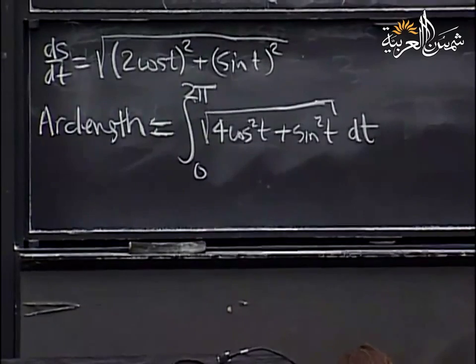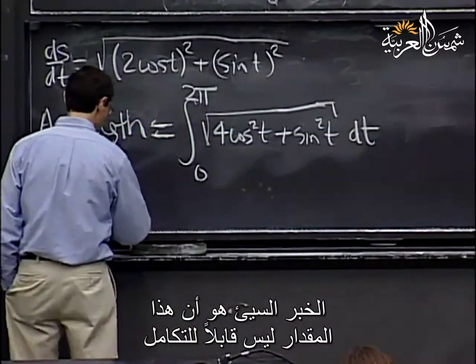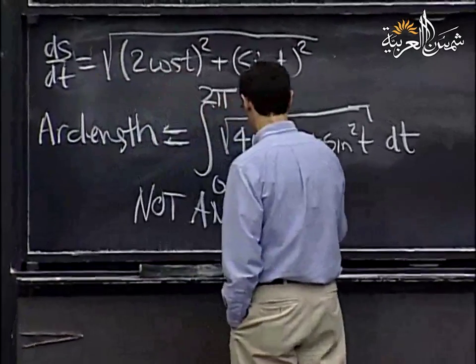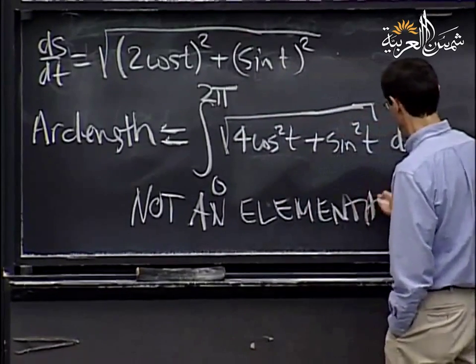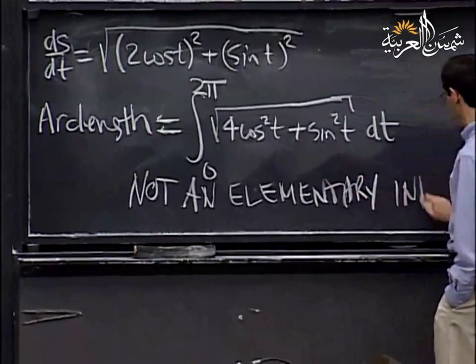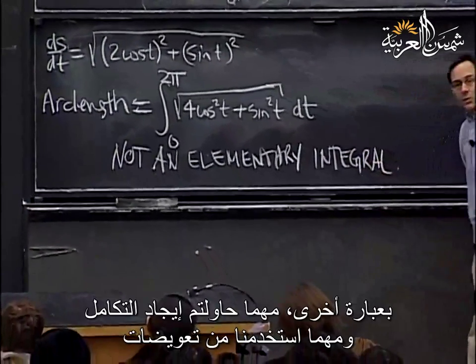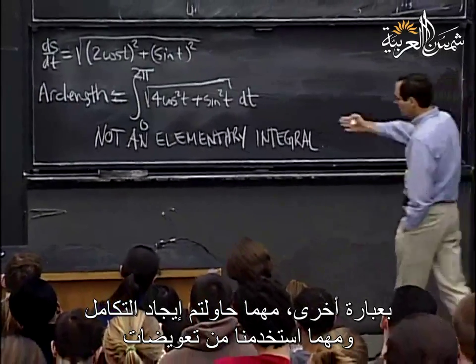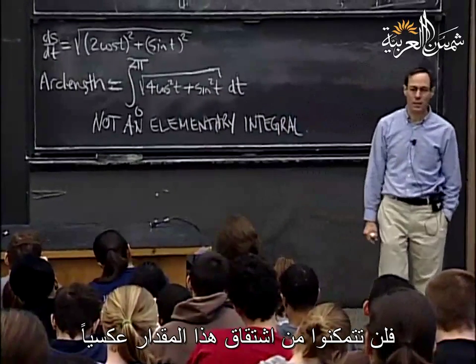All right, now, the bad news, if you like, is that this is not an elementary integral. In other words, no matter how long you try to figure out how to anti-differentiate this expression, no matter how many substitutions you try, you will fail.